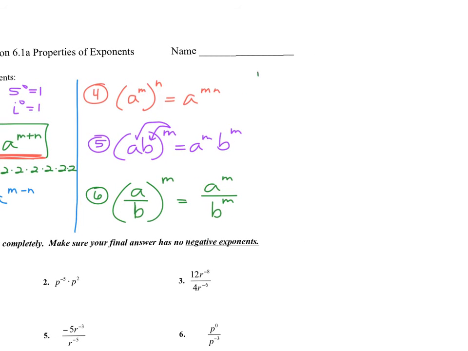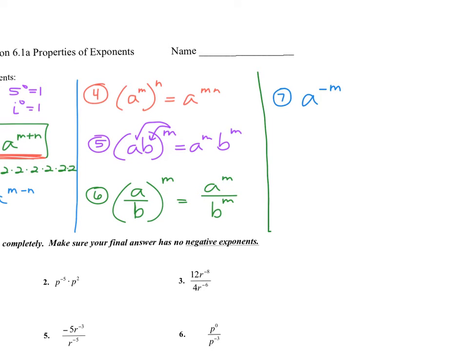Number 7. Okay, so if this one starts as a to the negative m power, now, when we're talking powers, we don't like negatives. We don't want negative exponents at all, okay?